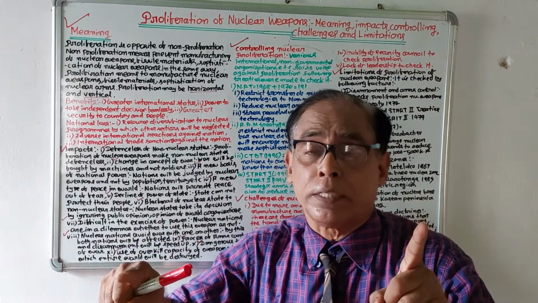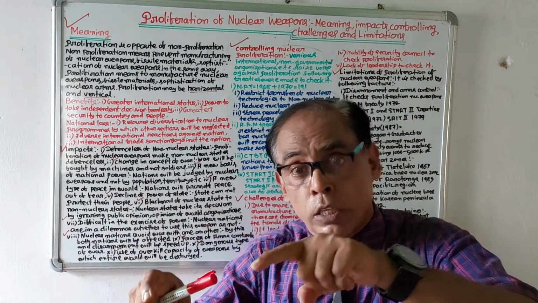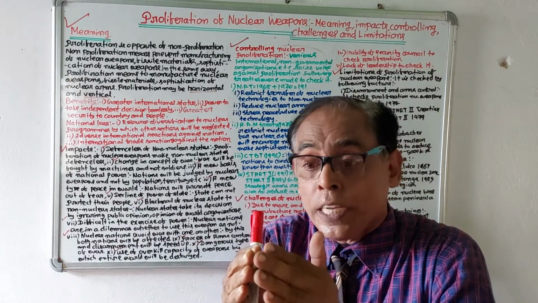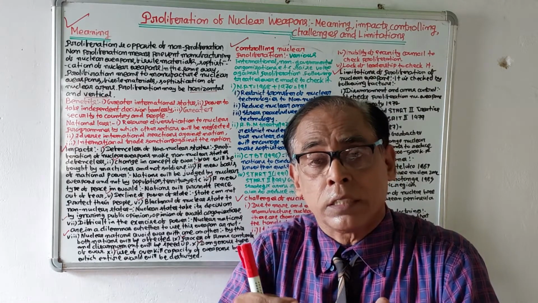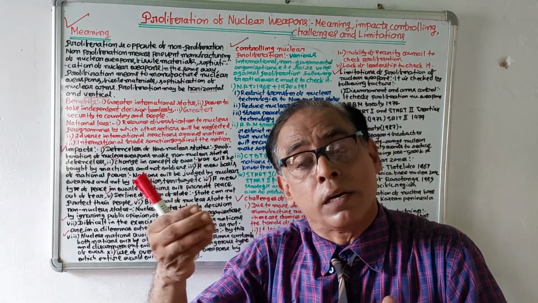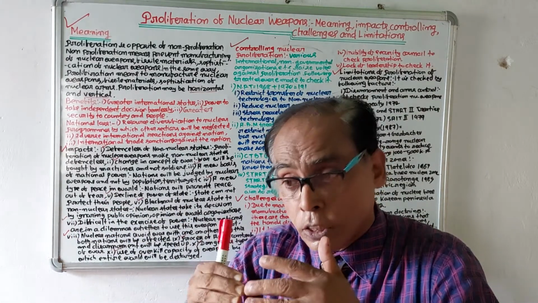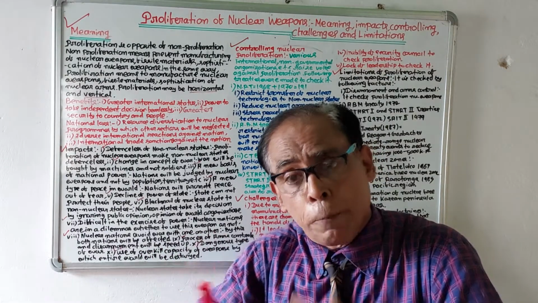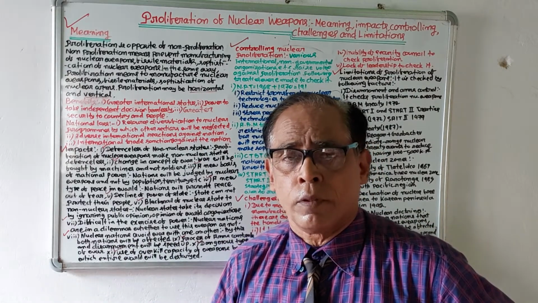If after 5 months he has 5 rabbits, it is known as proliferation of rabbit. So, proliferation of nuclear weapon means nations are manufacturing and preparing nuclear weapons.